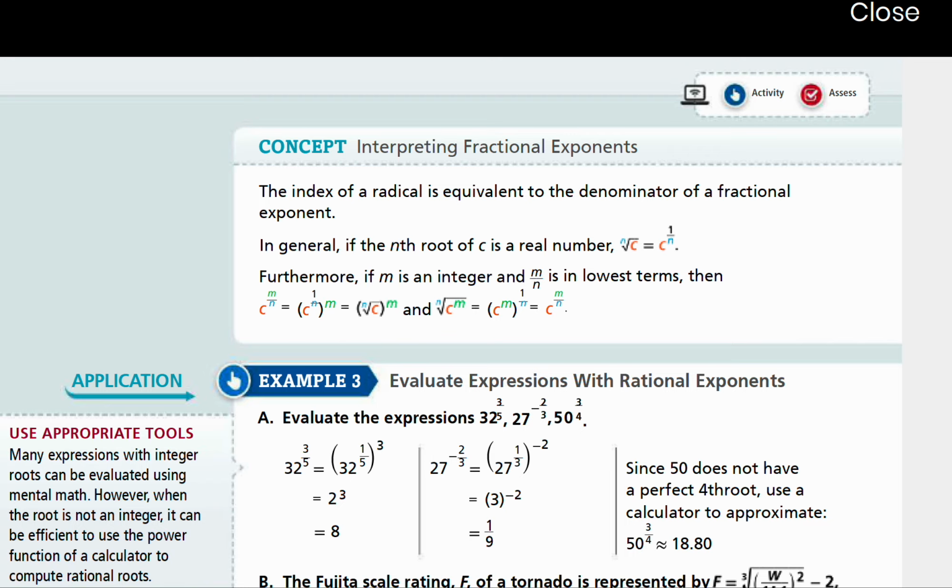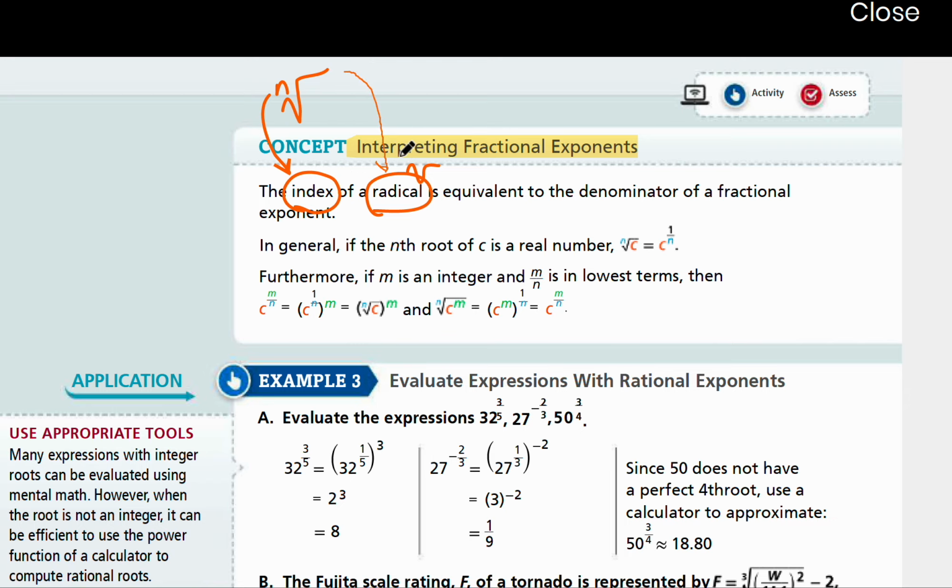So we looked at the concept of fractional exponents and simplifying them. This is the concept summary, interpreting fractional exponents. The index of the radical is equivalent to the denominator of a fractional exponent. And remember, the index means it's the nth root. N is the index, the number of how big of a root it is.